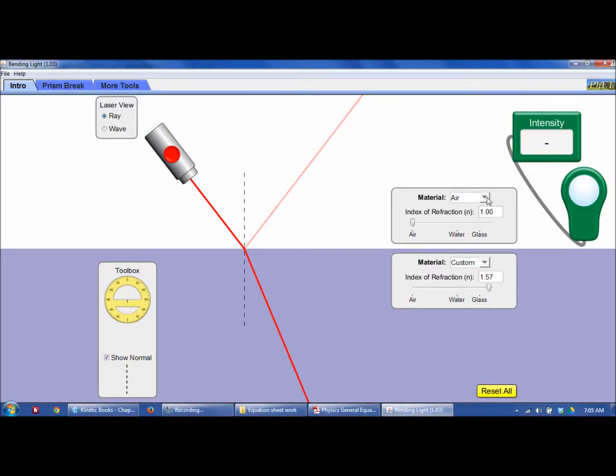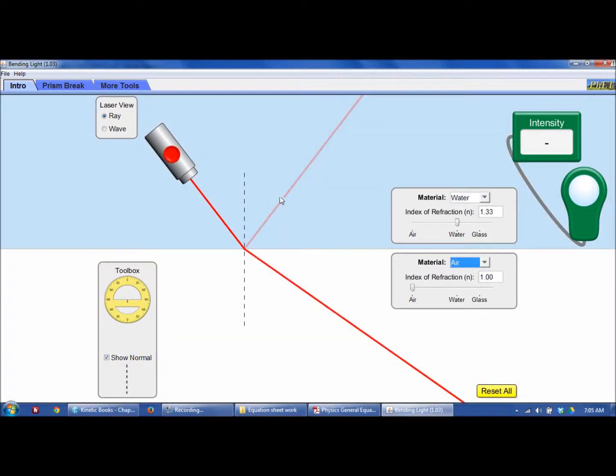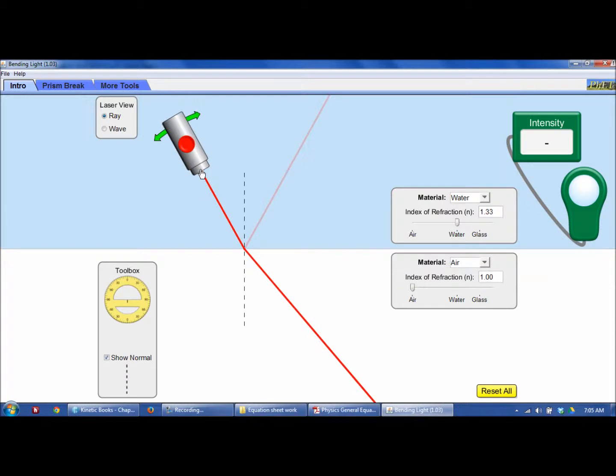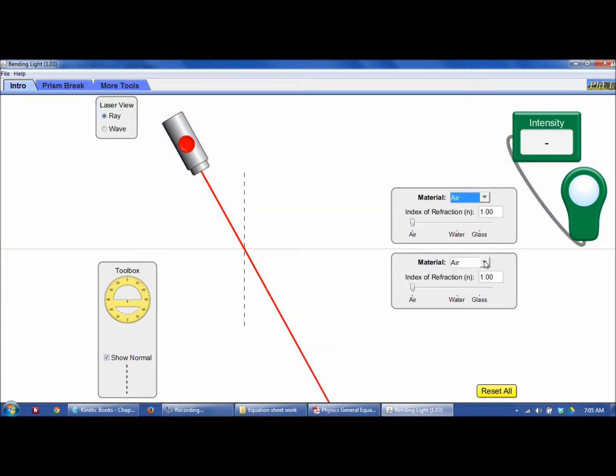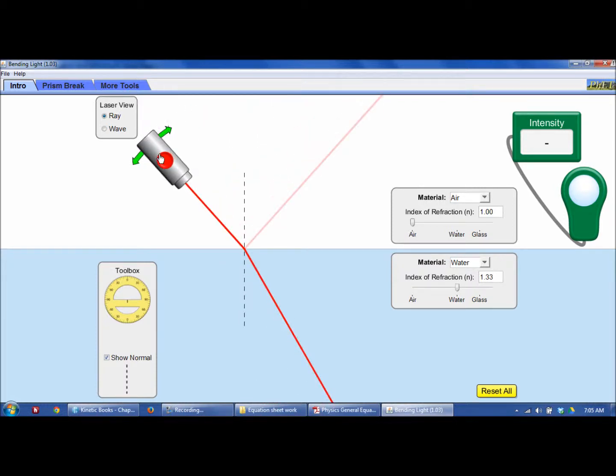Now, let's swap this up and let's change the top to water and the bottom to air. Now I still get refraction, but one thing I want you to notice as I toggle between these two, when I had the less dense up top and the more dense optically down the bottom, I'm always bending towards the normal on my refraction.